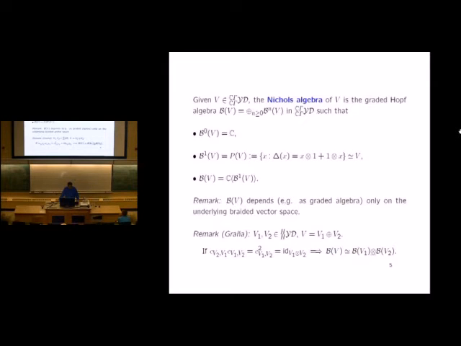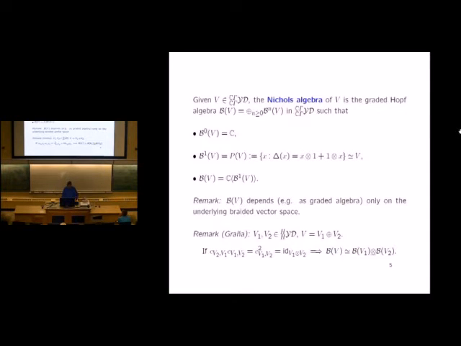Now, we have, so to speak, a forgetful functor from the Yetter-Drinfeld module category to the category of braided vector spaces, and the Nichols algebra only depends on the braided vector space. This is technically important because one can realize the same Nichols algebra perhaps over very different Hopf algebras, and this gives us a lot of flexibility for calculations.